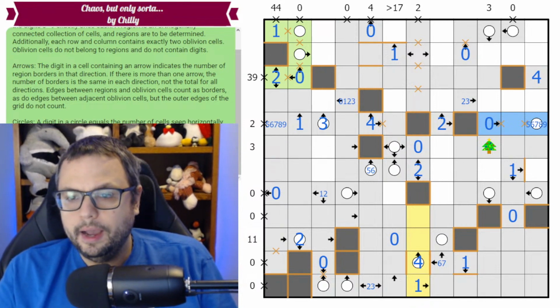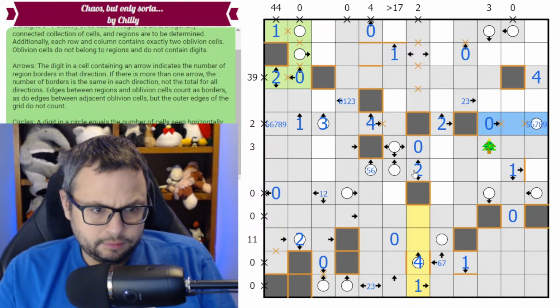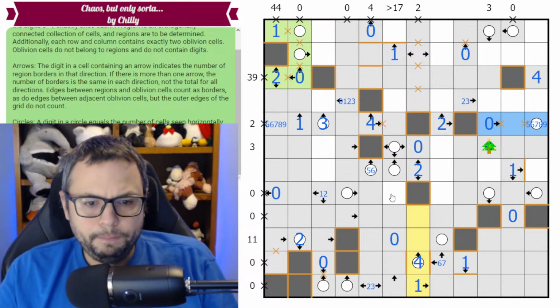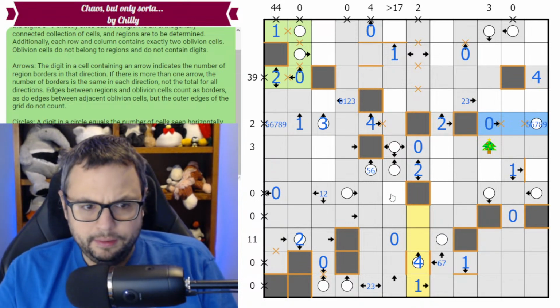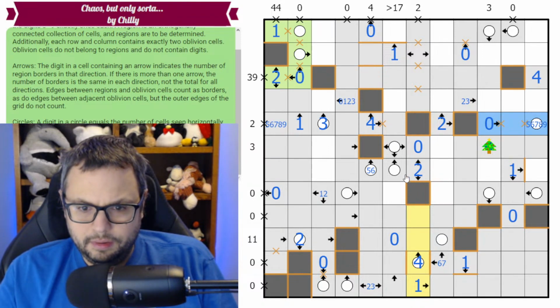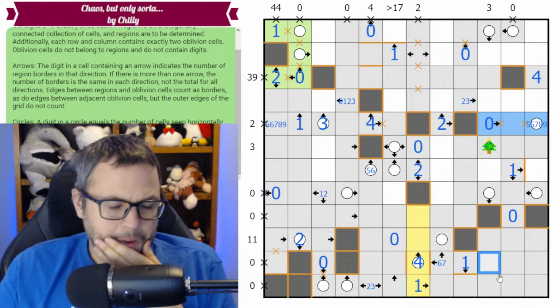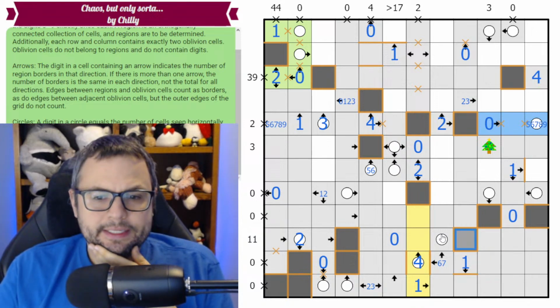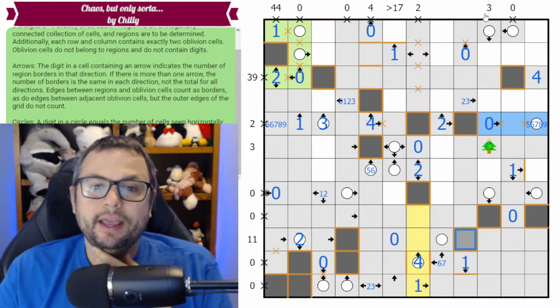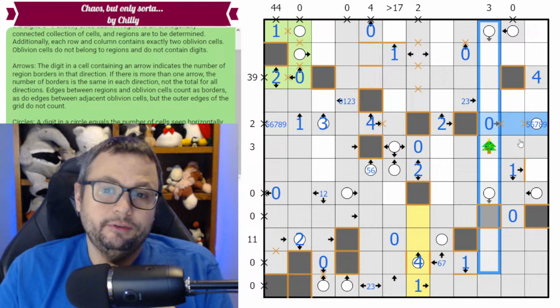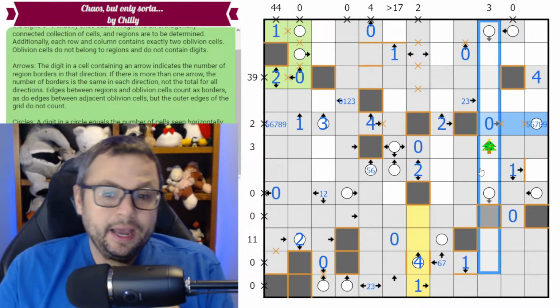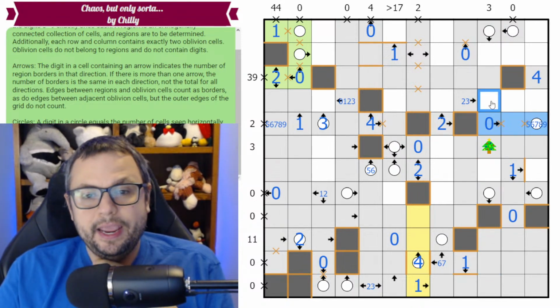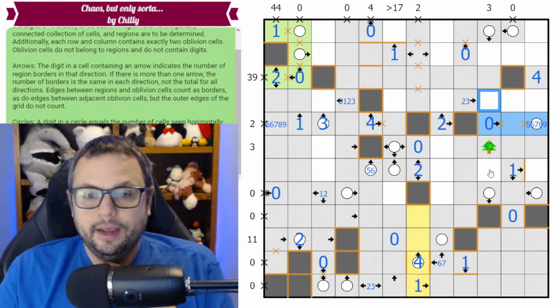Okay. The column 10 sandwich. Ah, yes, this one. This sandwich clue is not done, but it could be, because I'm not, again, making a 4-cell sum to 3. Right.